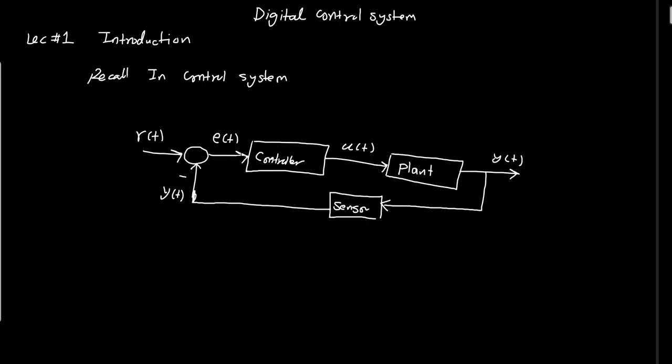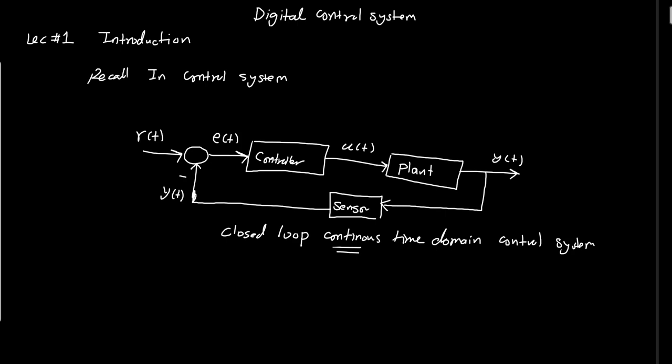So this is a classical closed loop configuration in the continuous time domain. So this is an example of a closed loop continuous time control system.